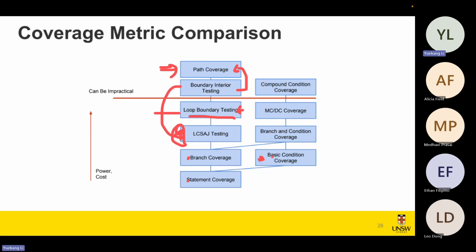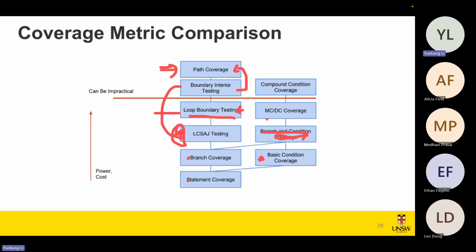What we can do is basic condition coverage, which means that we try to cover all the true and false cases for each condition. You can ignore this one here. And we can also consider MCDC, and compound condition coverage, which means that we try out all the permutations, all the combinations of true and false values for all the conditions, right?